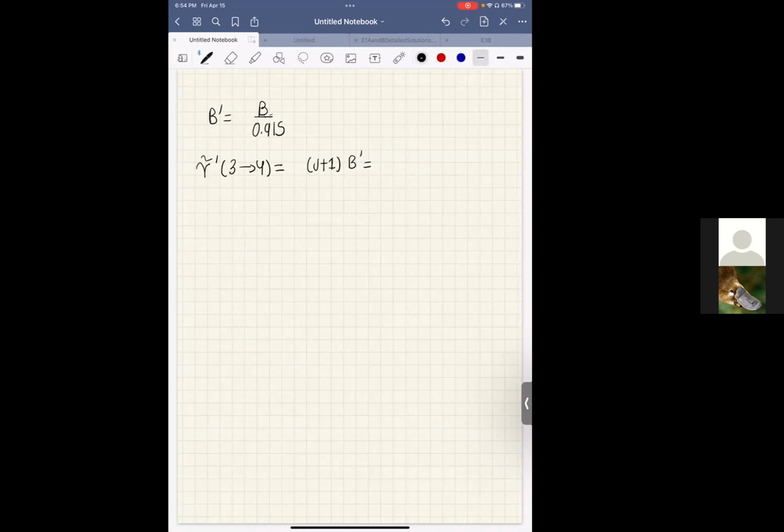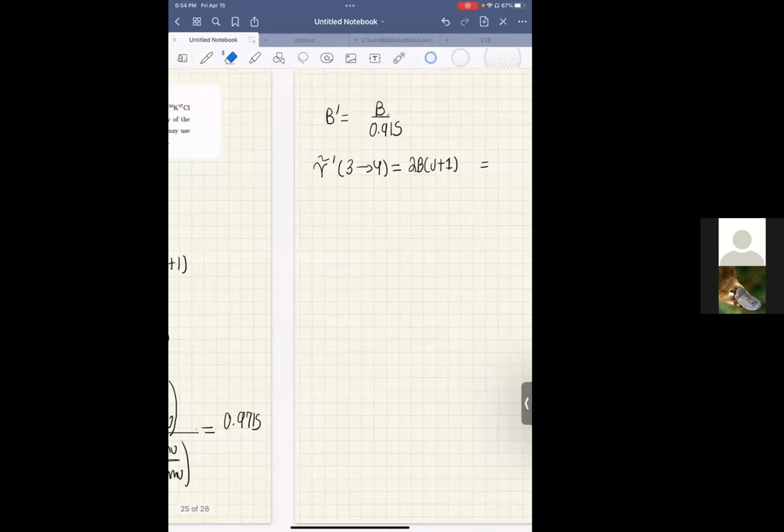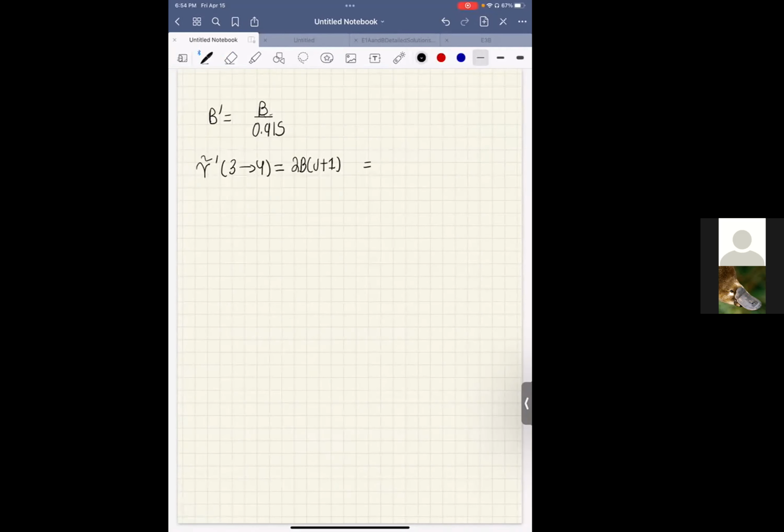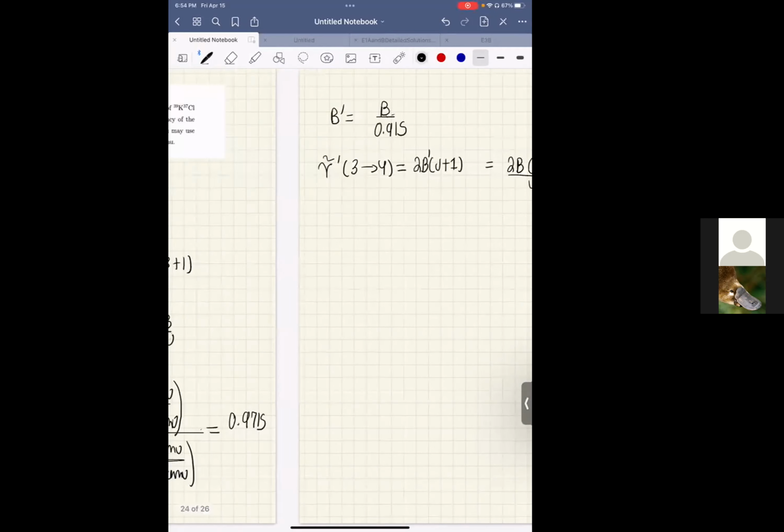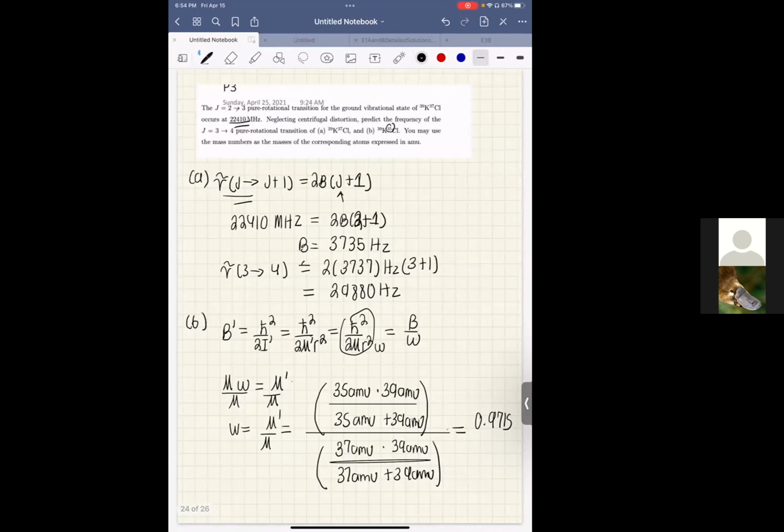Sorry, my bad, 2B. And that's going to be equal to 2B times (3 plus 1) divided by W. And we already know what this term is because we solved it up here.